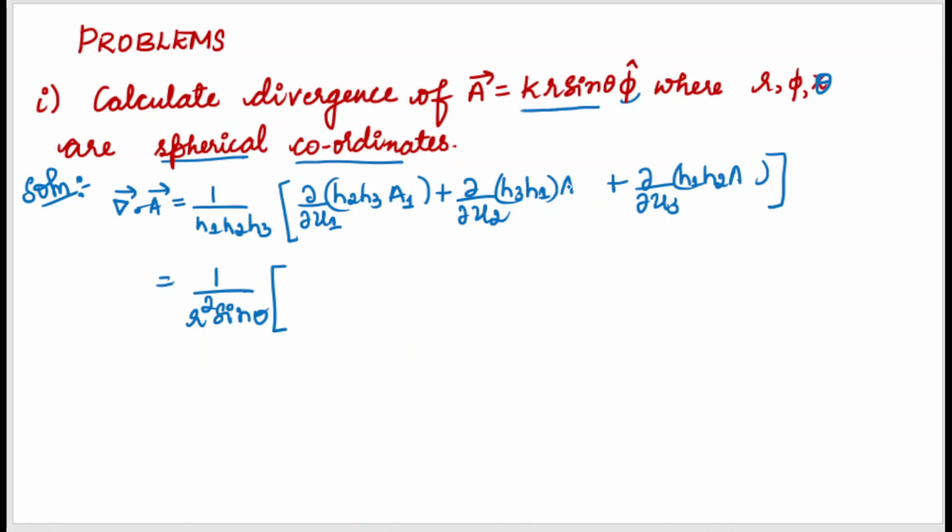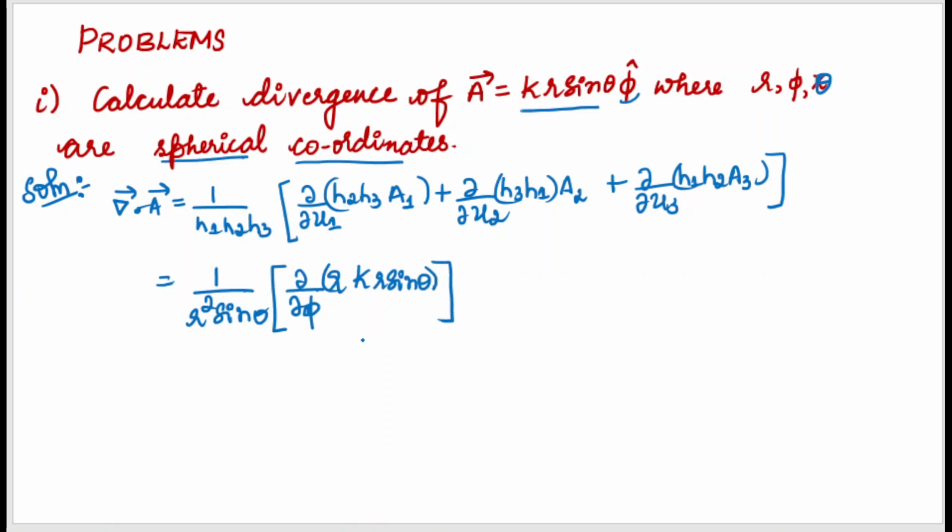Now, they have not given the a1 term, the a2 term is also not given, the a3 term they have given. So I can write dou divided by dou u3, in the sense here it is r, theta and phi, means you are differentiating with respect to phi. You need to remember like that. Now h1 is 1, h2 is r, so it will be r, and the a3 value is k into r into sine theta.